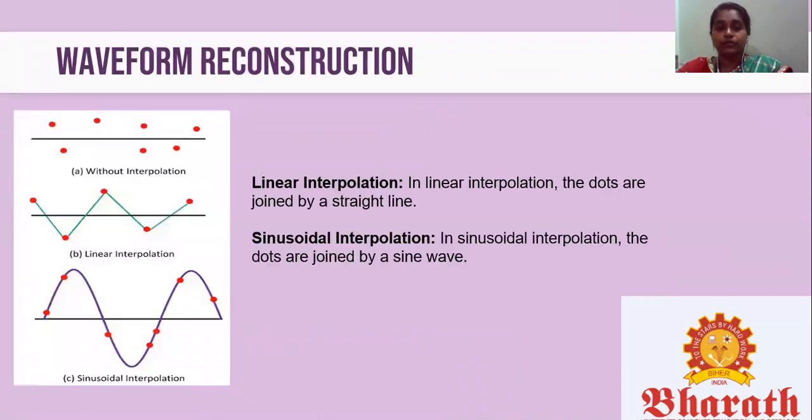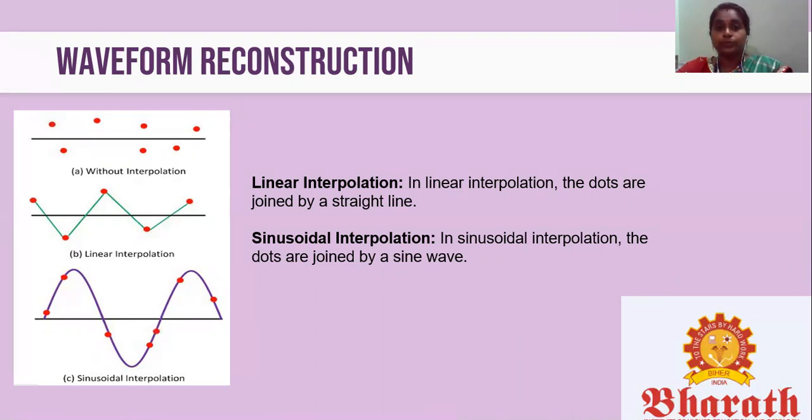So this is the waveform reconstruction of the digital storage oscilloscope. For visualizing the final wave, the oscilloscope uses the technique of interpolation. Interpolation is the process of creating new data points with the help of known data points.